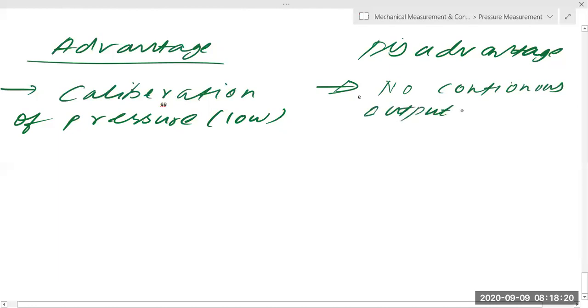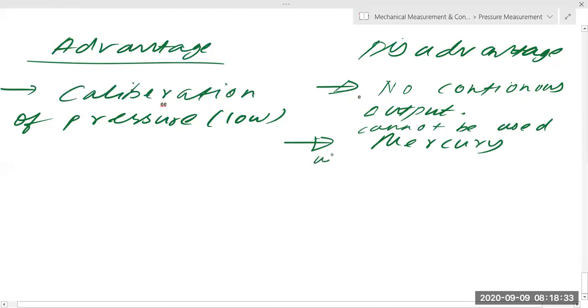Also, it cannot be used where mercury is hazardous.